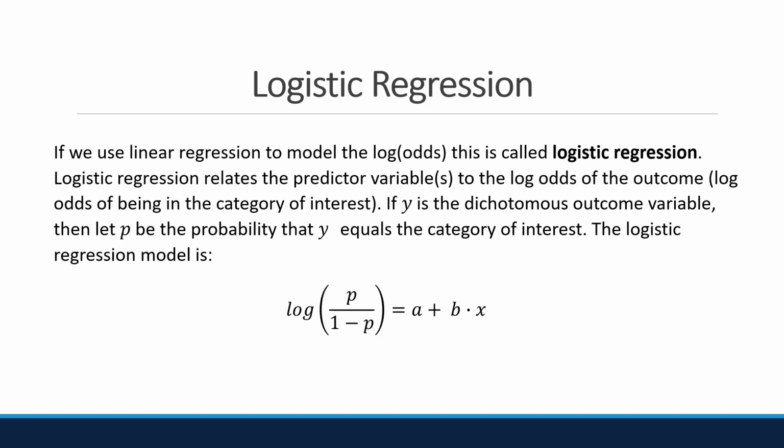If we use linear regression to model the log odds, this is called logistic regression. Logistic regression relates the predictor variables to the log odds of being in the category of interest. If y is the binary outcome variable, then let p be the probability that y equals the category of interest. The logistic regression model is the following.